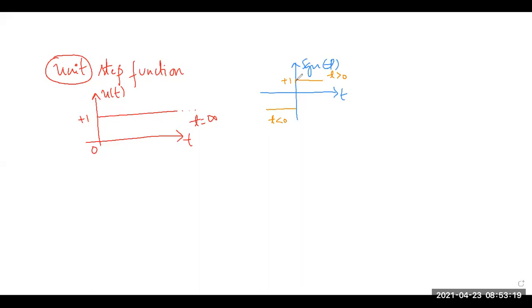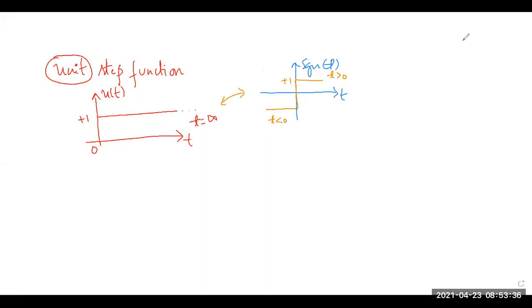This is the case. Now if I compare these two, what similarities am I having between these two? I want you guys to compare them and tell me the similarities between these two signals.